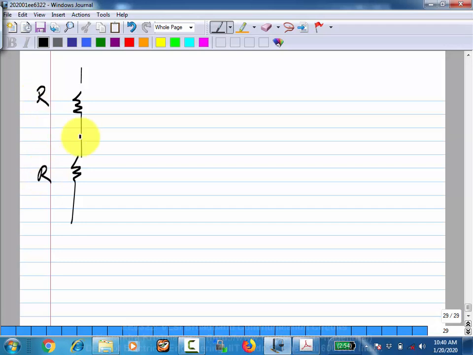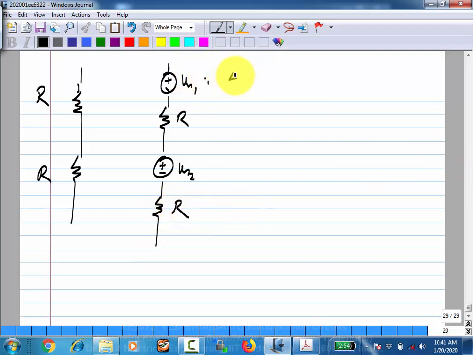Now let's say I put two resistors together in series. So I'll have Vn1 and Vn2. What is the spectral density of Vn1? Let me make this R1 and R2.